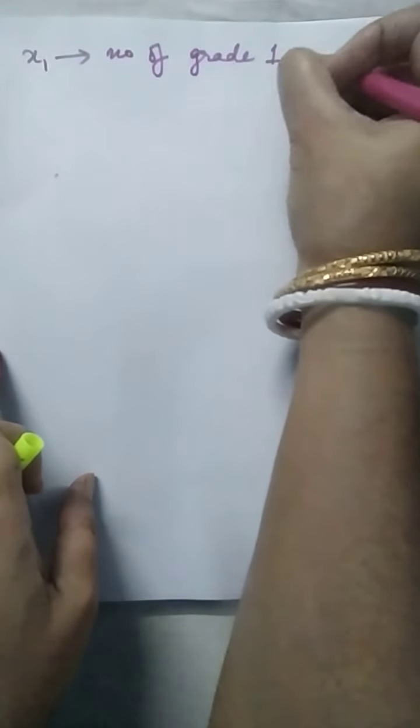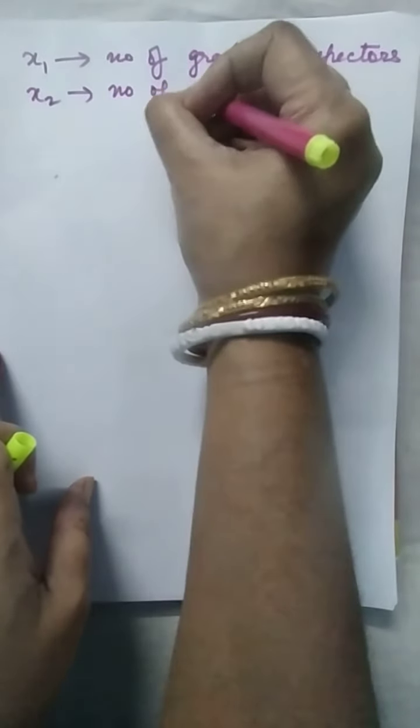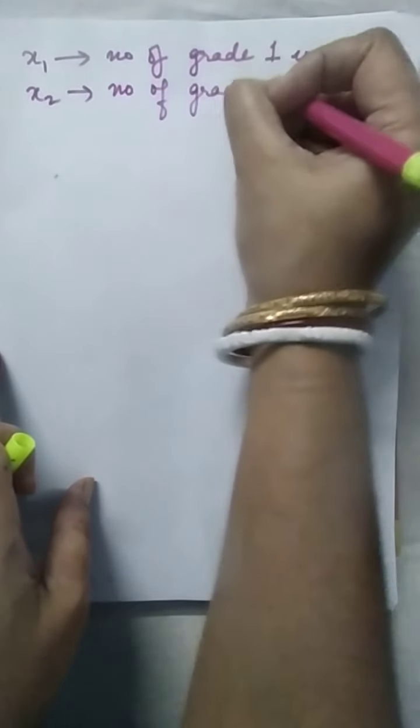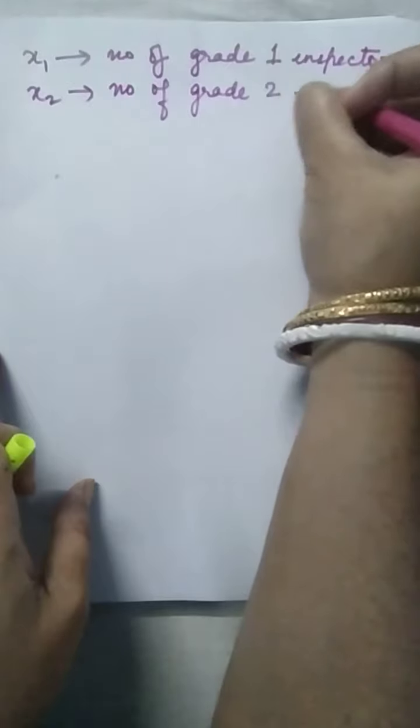Now let us assume that x1 represents the number of grade 1 inspectors and x2 represents the number of grade 2 inspectors.